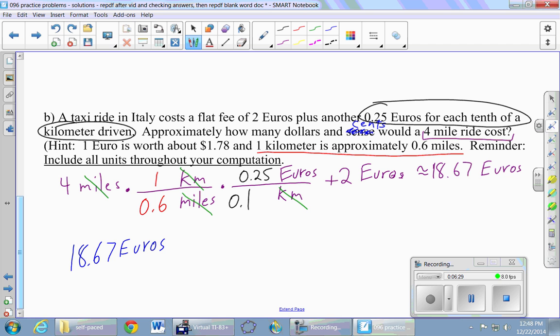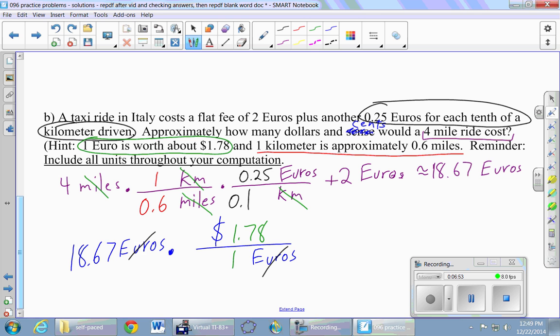And now we're going to get to dollars and cents. So I'm going to multiply by a fraction. And I want euros to cancel, so we better put euros down there, which I guess means dollars is going on the top. And then what's given to us here now is that 1 euro is worth about $1.78. 1 euro, $1.78. And then we can cancel the euros.